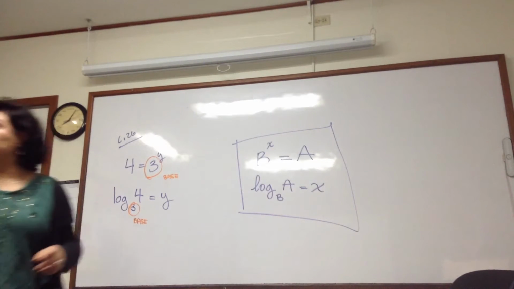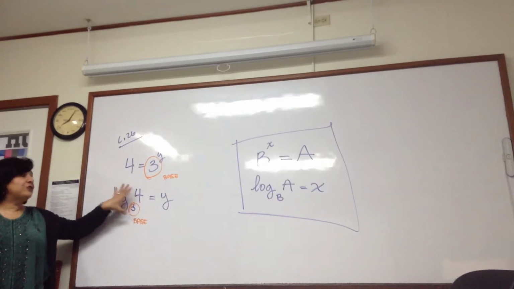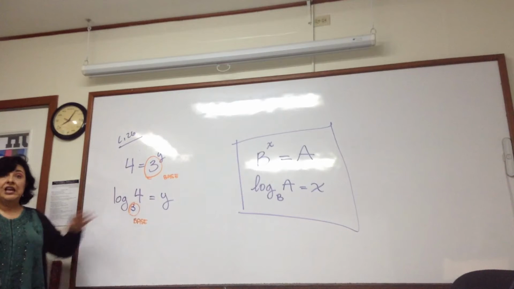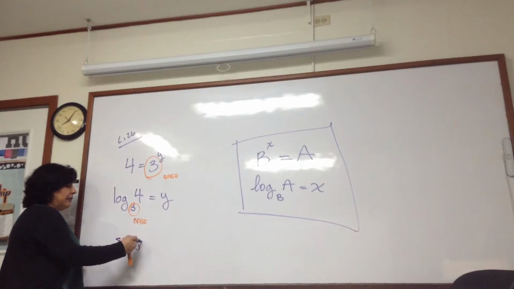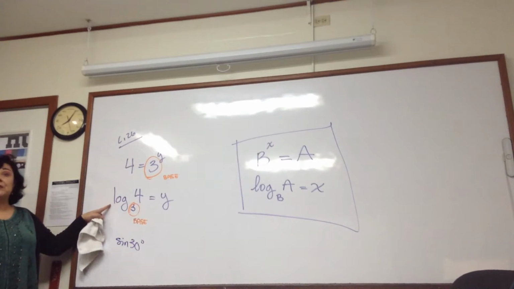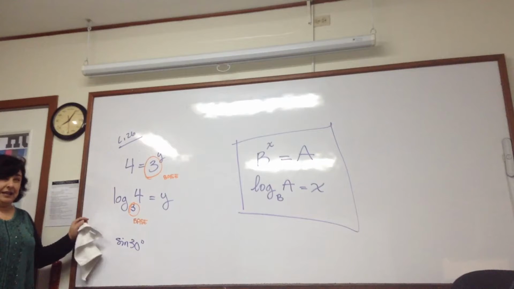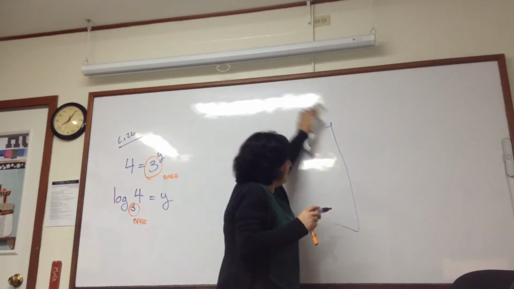But know that when you have a base and a number, this represents a number, just like sine of 30 represents a number, and you put it in the calculator and you get a number. Is that clear? So it's a function. Let me keep going.